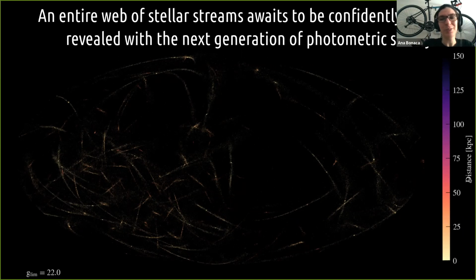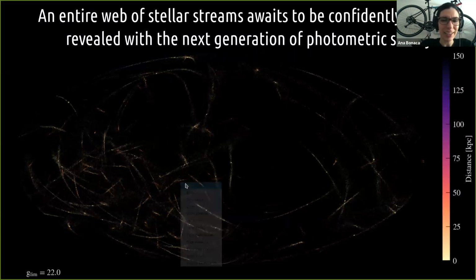Just to tease a little bit what we can expect in the future, I'm showing a visualization of a simulated set of stellar streams, observed at the SDSS level, color coded by their distance. You can see that most of the ones that we can see with the data that we now have at hand are nearby, within 10 kiloparsecs or so.